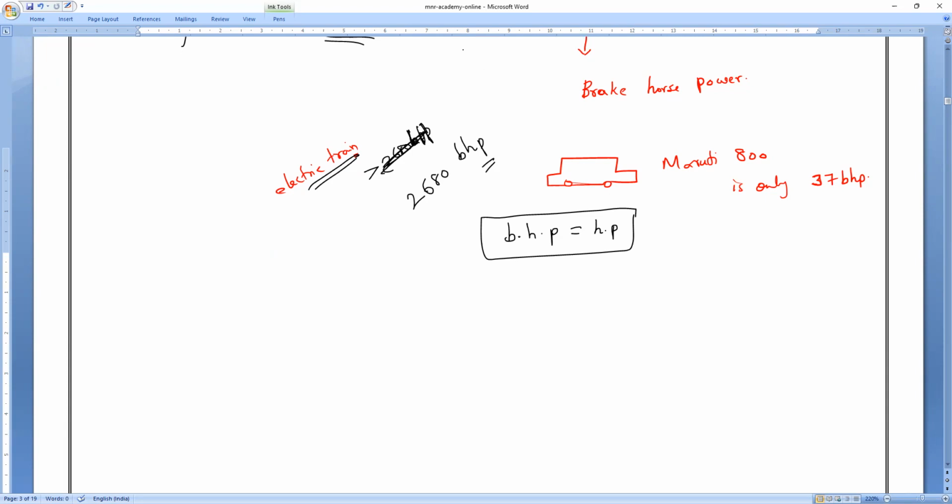That is what you have to remember. Any doubt, anybody can ask. So this is the commercial or practical unit of power. Now this is all about power and units of power.